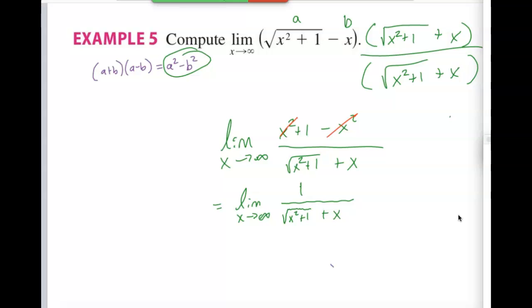So divide by the highest power of x in the denominator. What is the highest power of x in the denominator here in the chat? 2. So be careful and look at the overall idea. There is a power of 2, but what's it underneath?